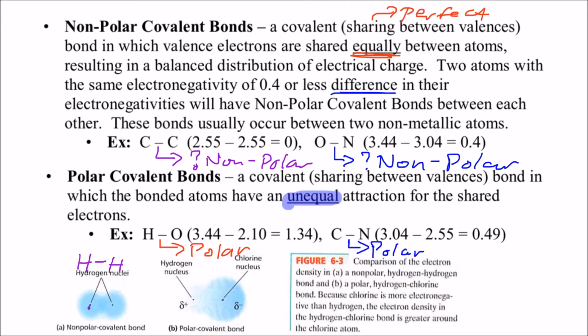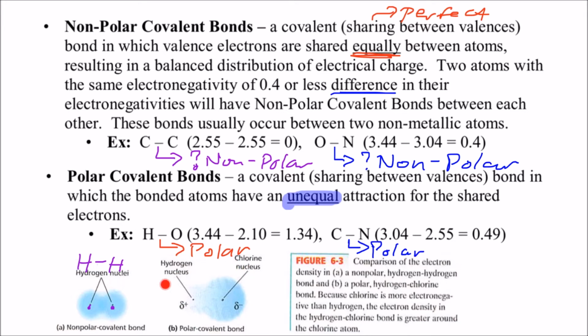Here's the nucleus of one hydrogen with its one proton, and here's the nucleus of the other hydrogen with its one proton, and they each have their one electron floating around outside the nucleus. Well, when they bond, those electrons are able to move around both nuclei at the same time, like this, and it's an equal sharing.